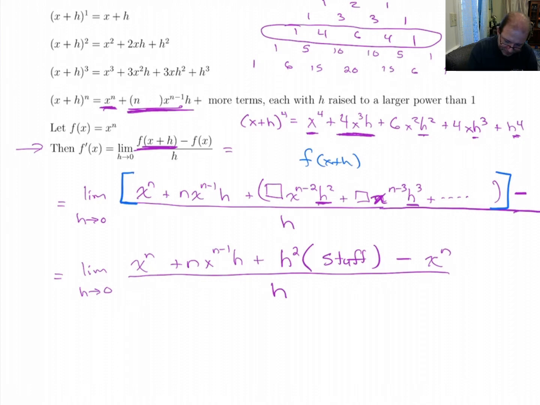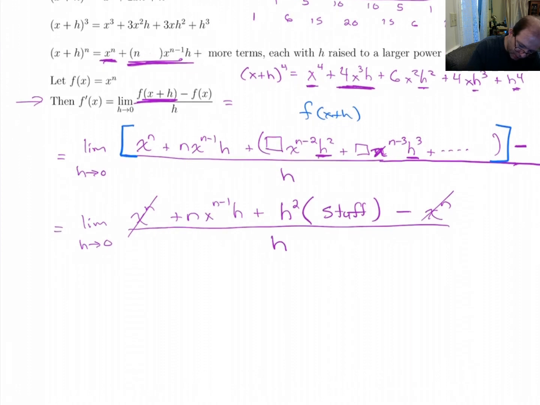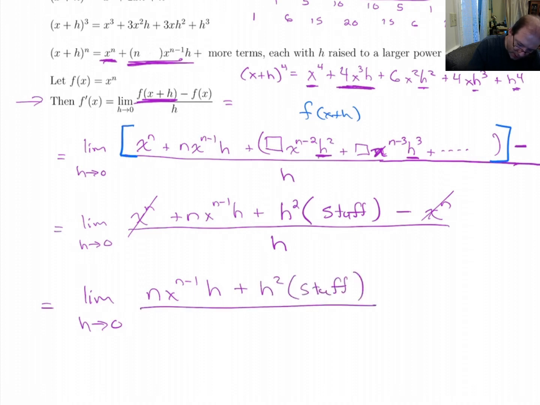All right. And now when we cancel things, the x to the n's cancel. And what we're left with is the limit as h goes to 0 of nx to the n minus 1 h plus h squared times some stuff, over h.